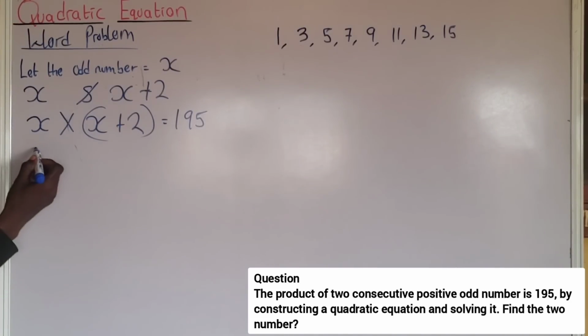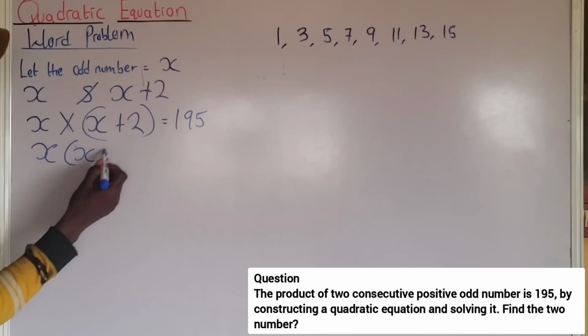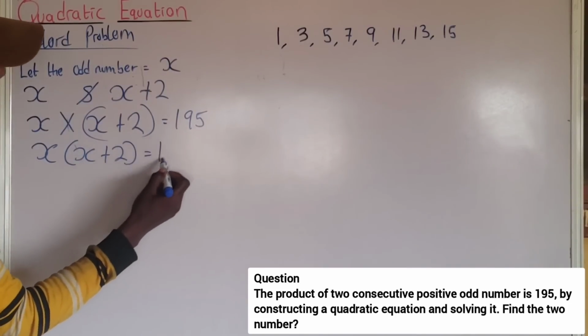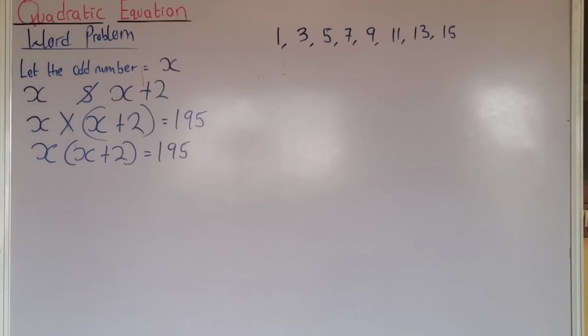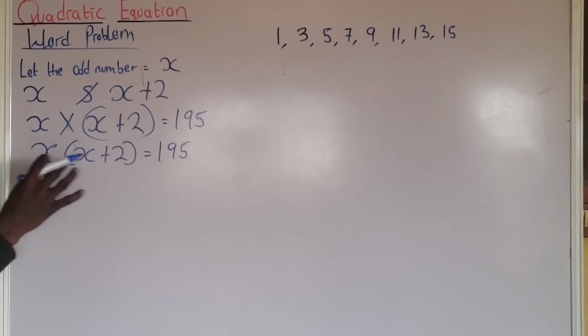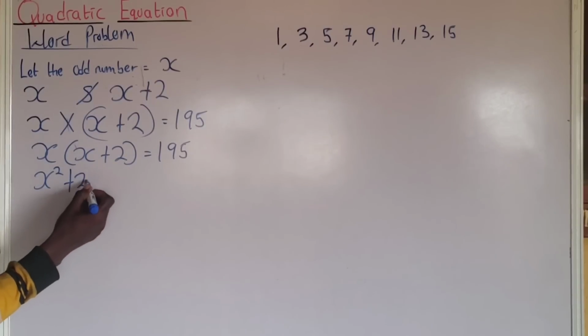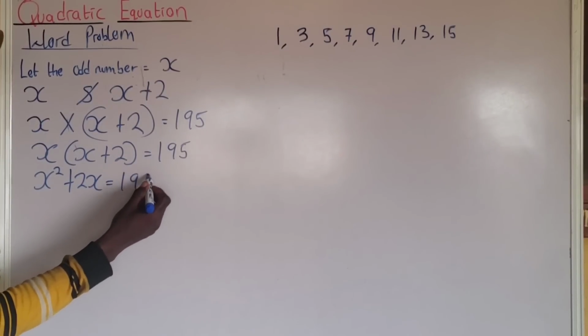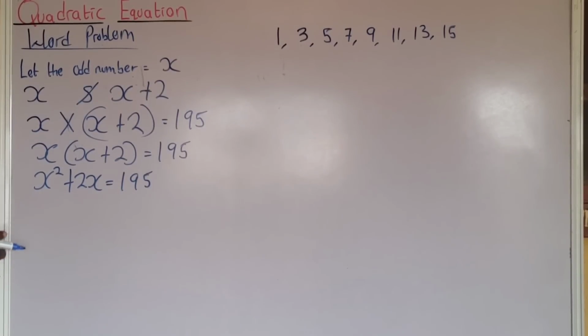Now, here I'm going to have x into bracket x plus 2 equals 195. x times x is x squared. x times plus 2 is plus 2x, equals 195. Now, the next step is that I'm going to take this 195 across the equals sign to the left hand side of the equation.